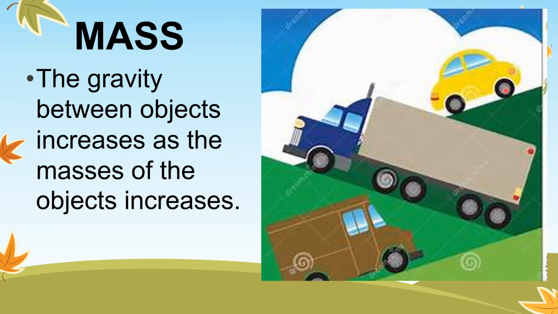That's why the yellow car can go upward the fastest. Mass and gravity. The greater the mass, the greater the gravity is. Once again, gravity says that everything that goes up must go down.